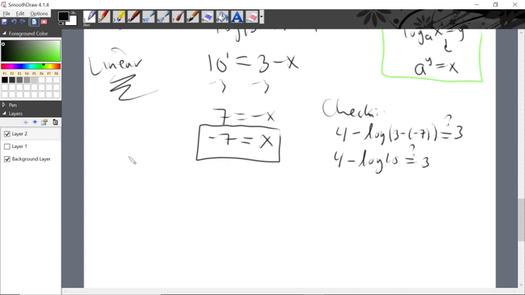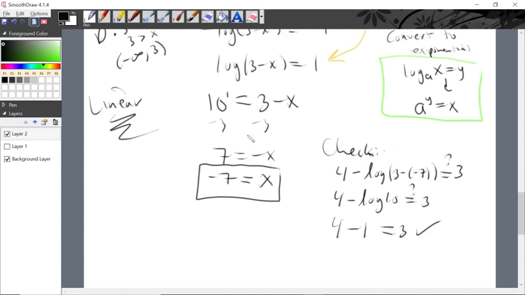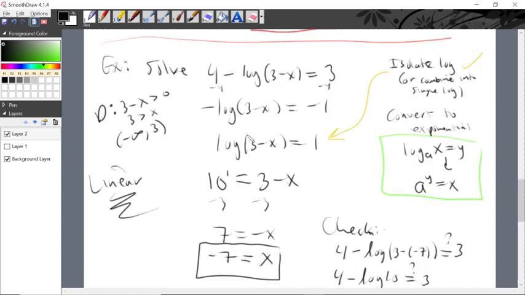In other words, 10 to what power is equal to 10? And that power would be 1. So the log of 10 is equal to 1. And 4 minus 1 does equal 3. So that's correct. So our solution is correct. It is also not extraneous, and it is the only solution.